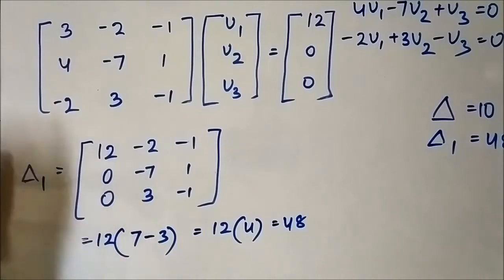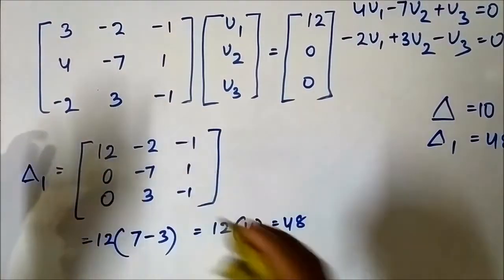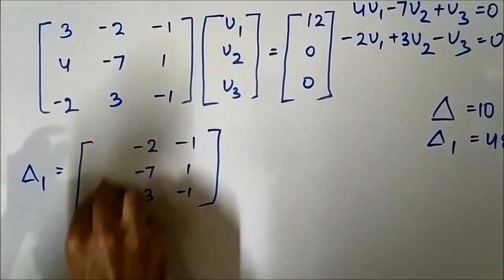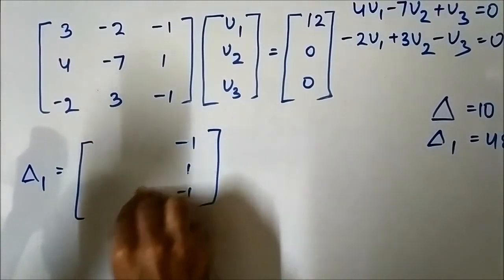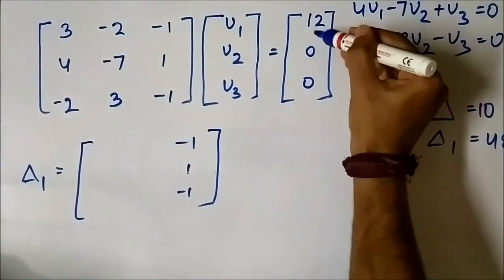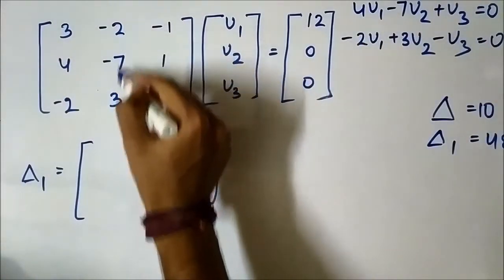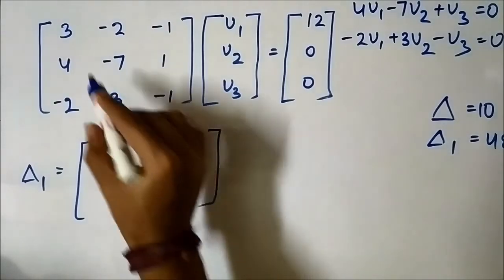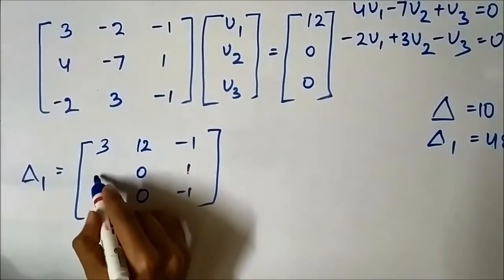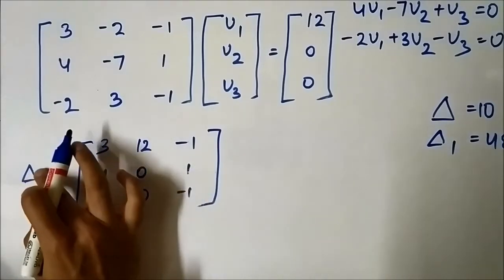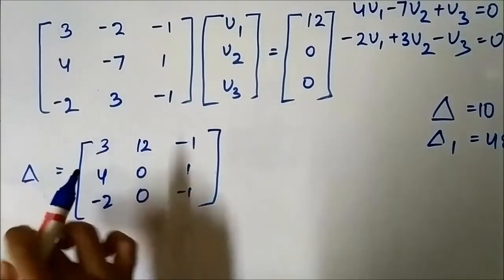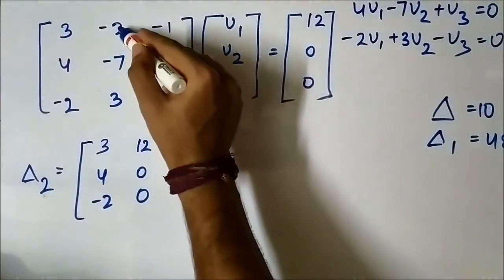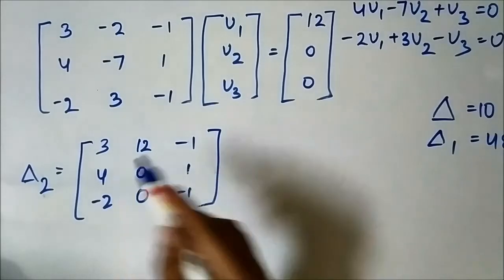Next, del 2. This 12 0 0 will be replaced in the second column, and this will take the usual values 3 4 minus 2. This is del 2. We have replaced 12 0 0 in the second column of the coefficient matrix.